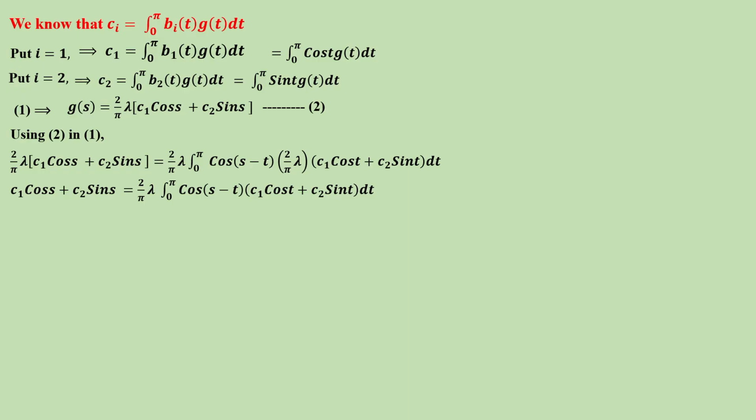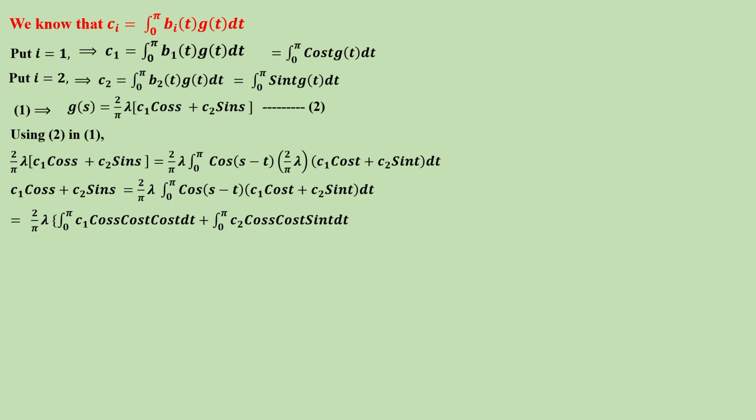Remaining, you have C1 cos s plus C2 sin s, which is equal to 2/(πλ) integral 0 to π of cos(s − t)(C1 cos t plus C2 sin t) dt.